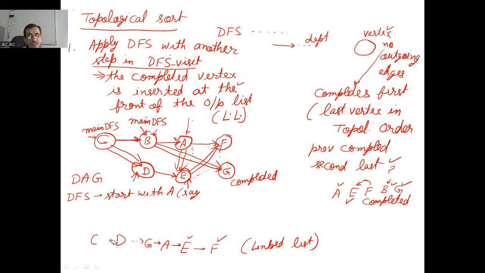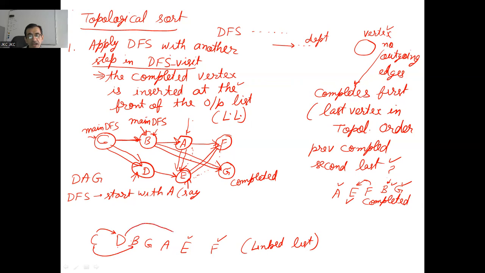So now if you see, if I have these vertices and try to see all their edges in this order, I can see that I have edge C to D, one edge, I have C to B. B was somewhere after this, after G, B gets completed. So from C to B also I have an edge.